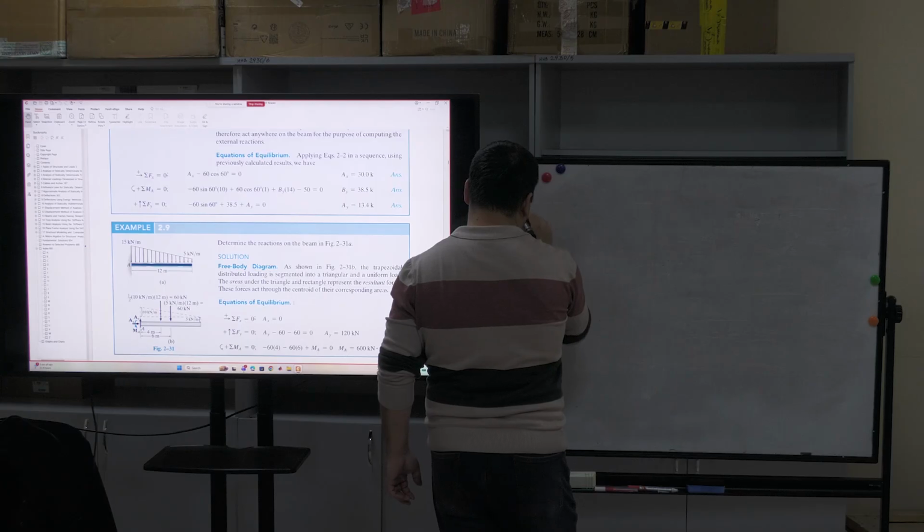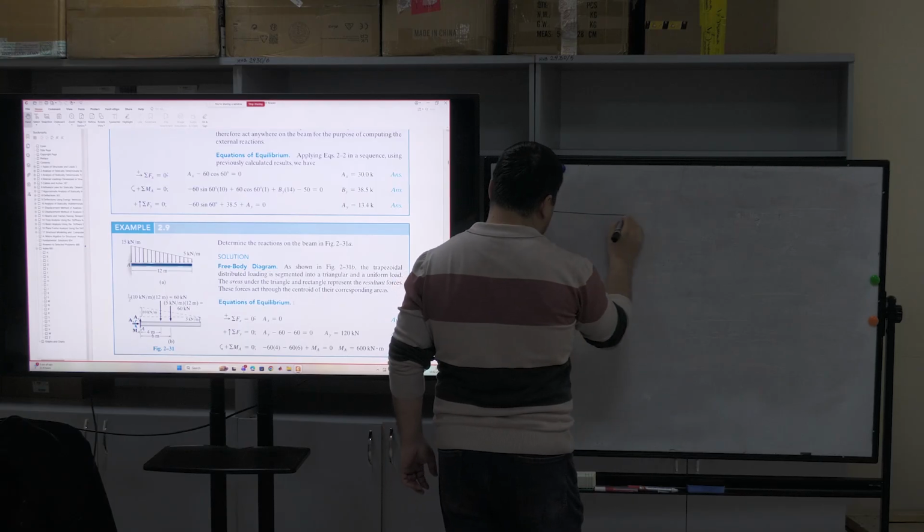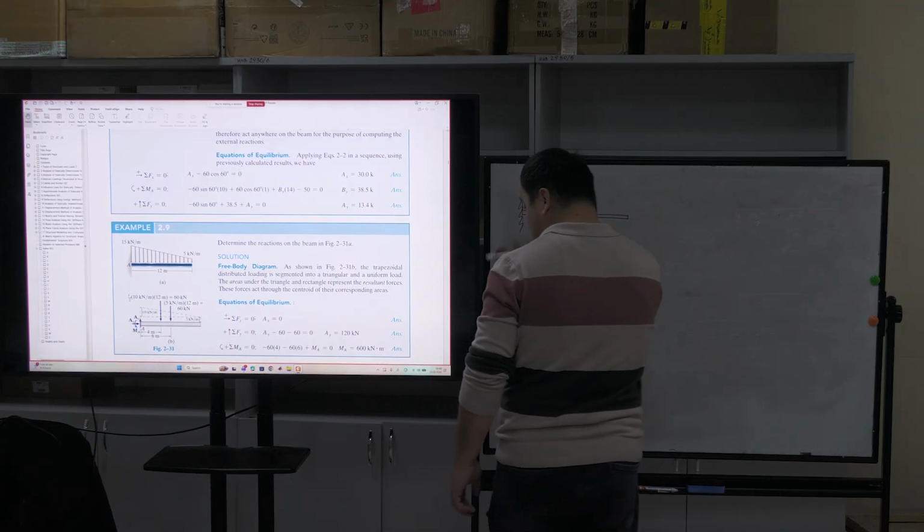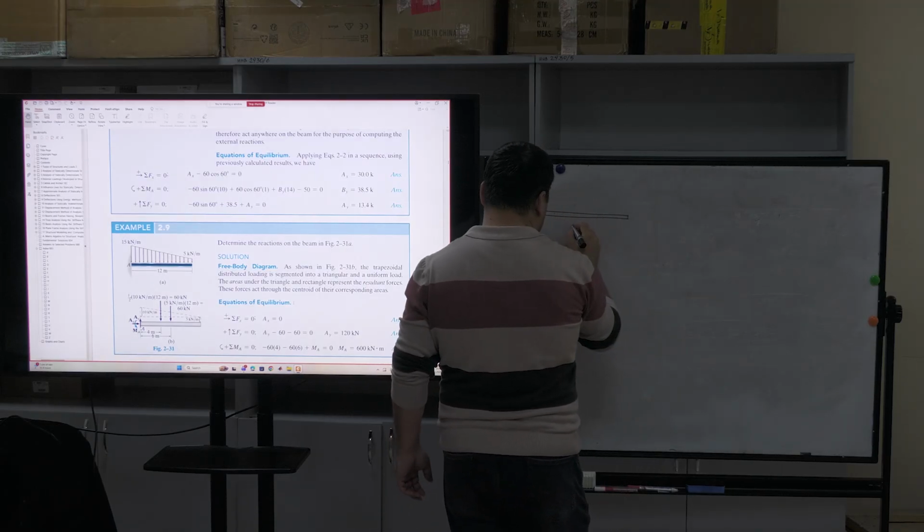Okay, what we have: a fixed beam, like this. Length is about 12 meters.